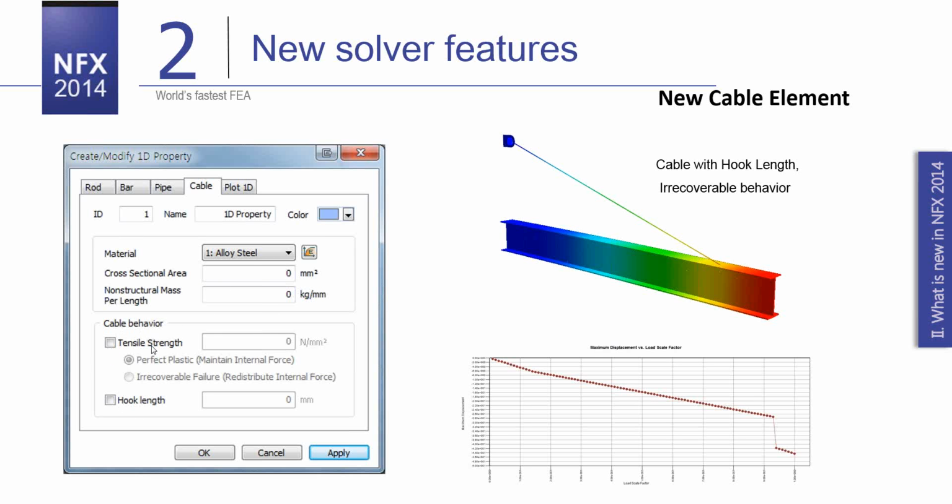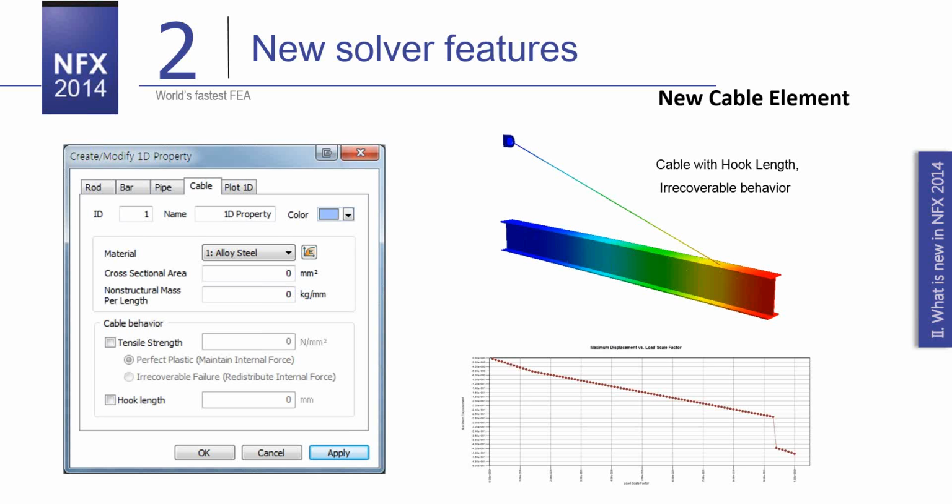Right now we have the tensile strength option, which is easy to understand because we have to provide the tensile limit with two cable behaviors. One of them is called perfect plastic, and the second one is irrecoverable failure. What is the difference?